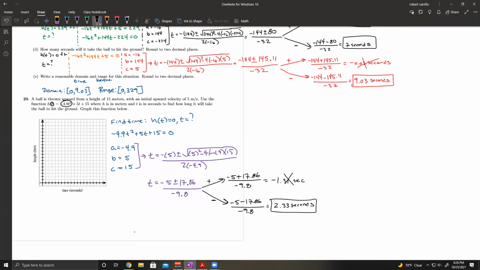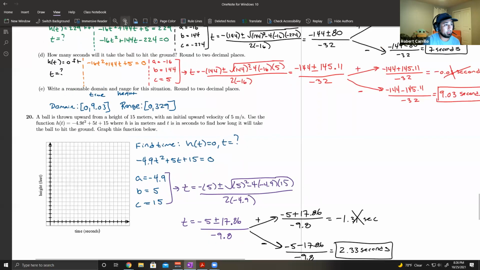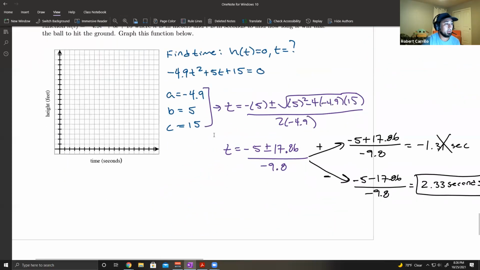We start at 15 meters. So let me zoom in a bit. We're almost home, guys. Let's just do this as 5, 10, 15. So this is where the ball starts. And then here is 0.